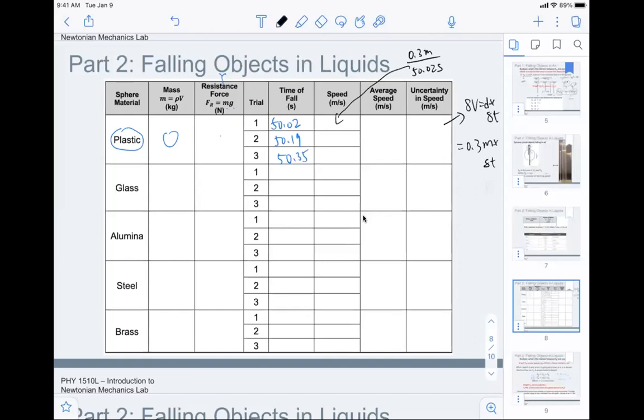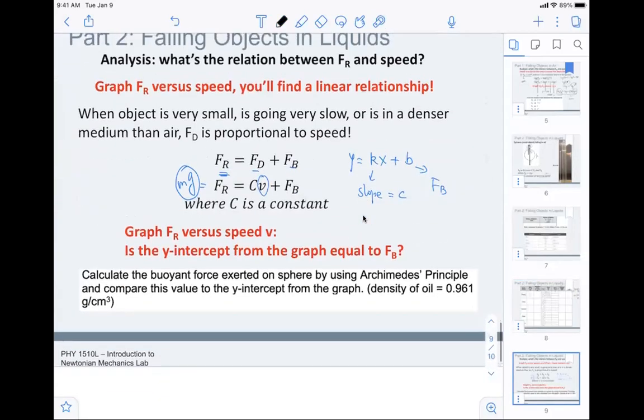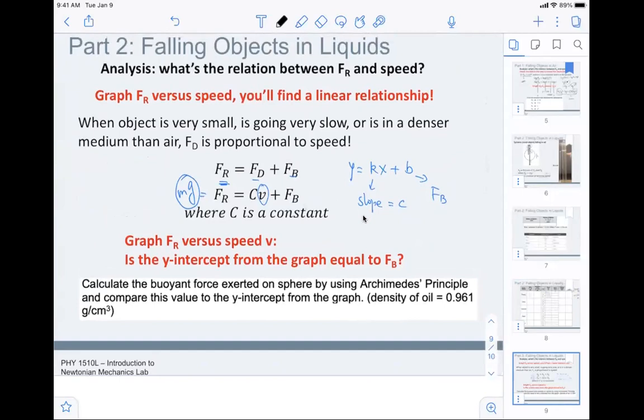Okay, so that you will be able to finish this data table, and what you want to graph is your resistance force, which is equal to the weight of the marbles, versus all the different speeds that you have read. Be a little bit careful. The difference between part 1 and part 2 is that in part 2, we are more interested in getting this constant C and the drag force.